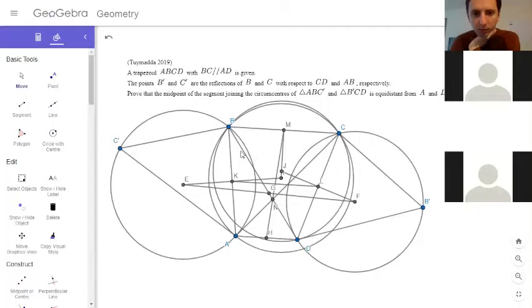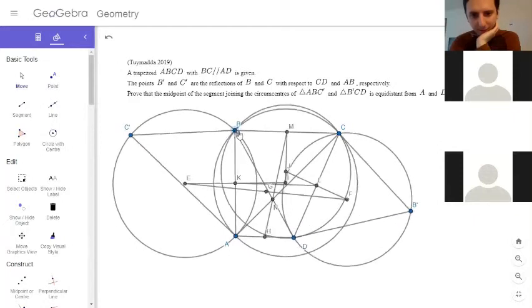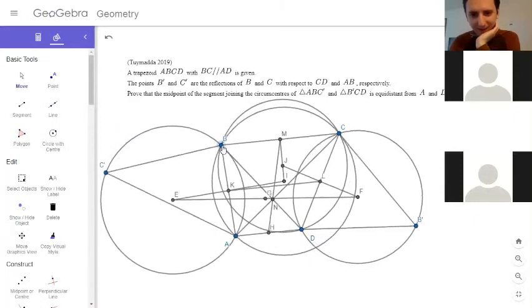So yeah, it almost looks like G lies on BD, but it's hard to make it so that it doesn't look like G lies on BD.